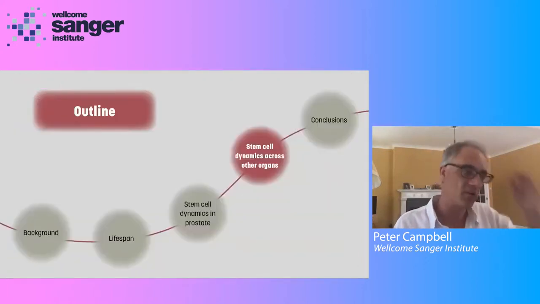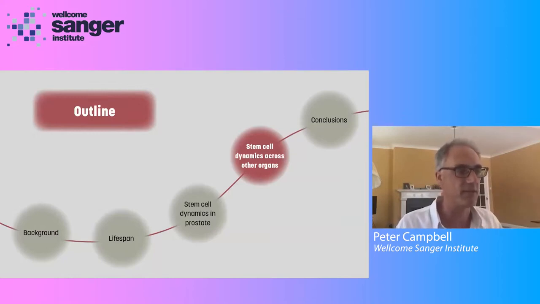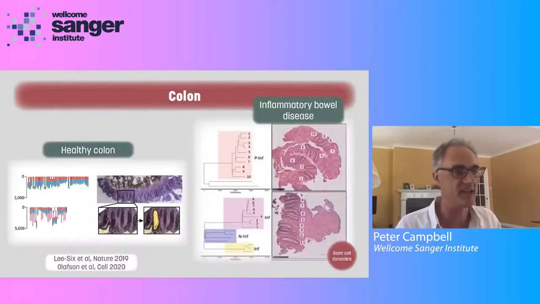So I'm just going to quickly skip through this kind of approach in a range of other organs, just to give you a sense of the different patterns that we can observe. When we look at normal colon, this process of microdissecting individual colon crypts, what we find is that in healthy colon, the phylogenetic tree is very lacking in branch points.